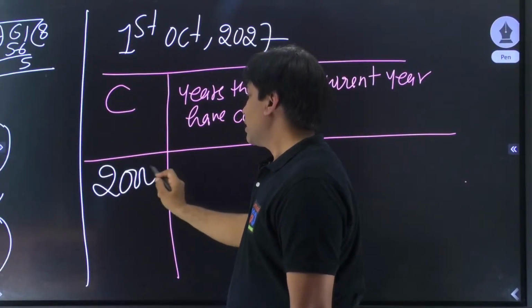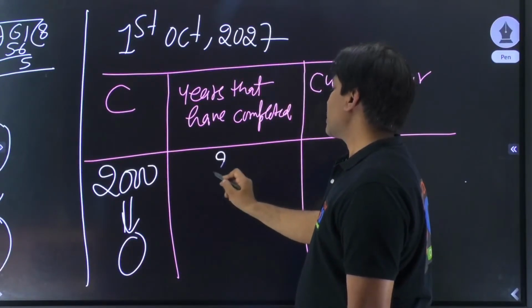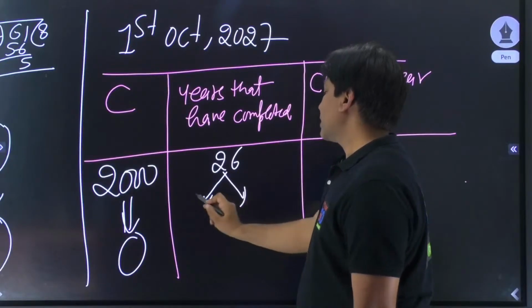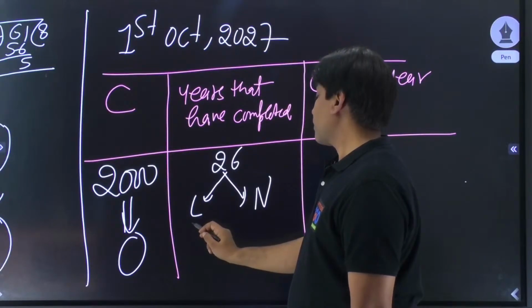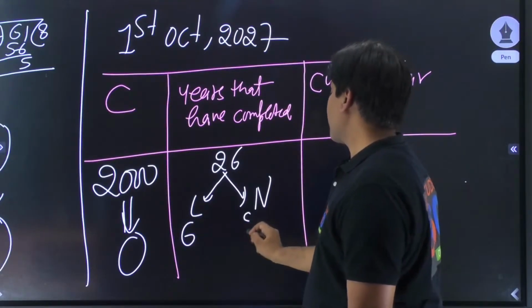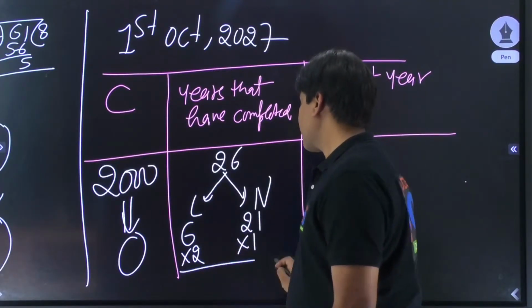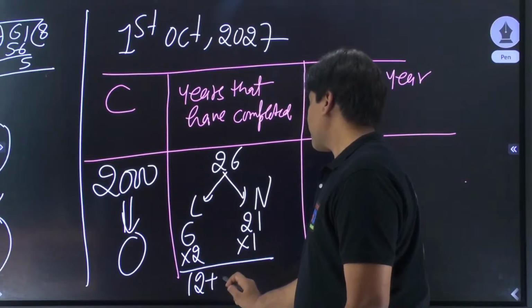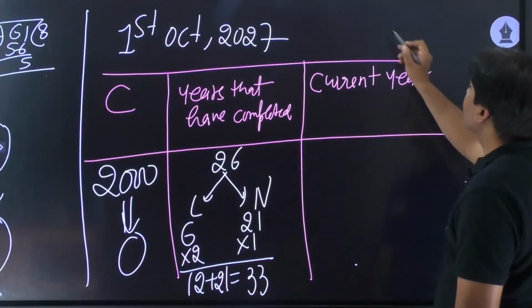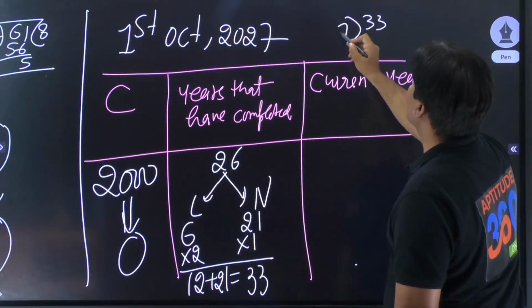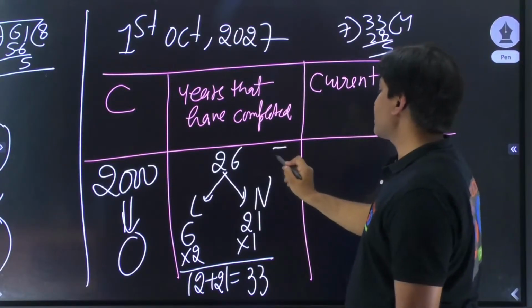2000 gives you 0 days. Then 26. What are we having here? 5. So this gives us 5.